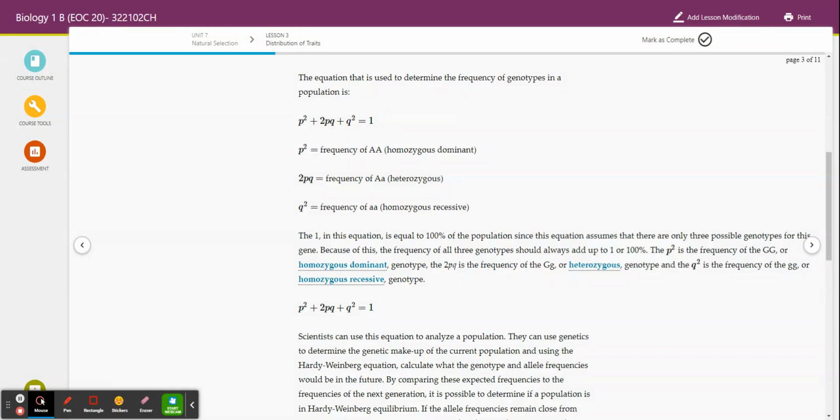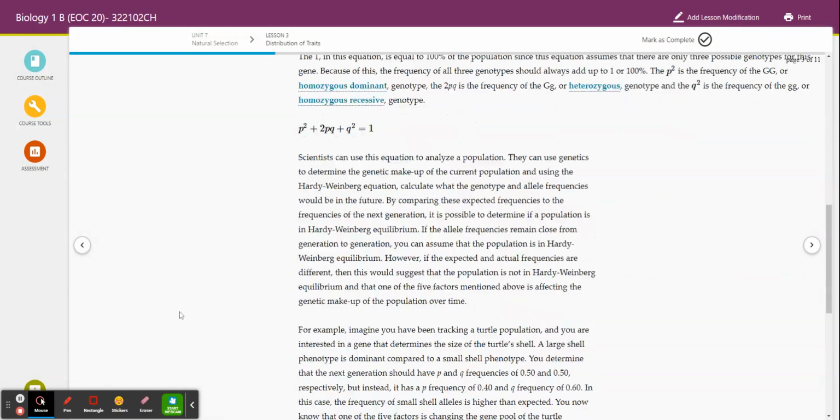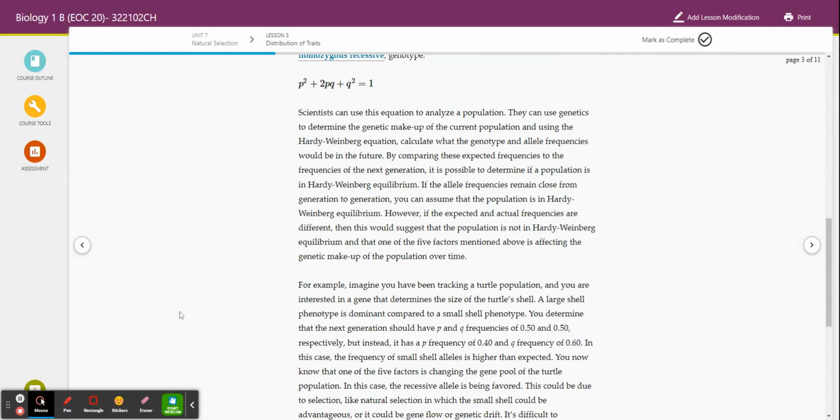P squared plus 2pq plus q squared equals 1. Scientists can use this equation to analyze a population. They can use genetics to determine the genetic makeup of the current population, and using the Hardy-Weinberg equation, calculate what the genotype and allele frequencies would be in the future.